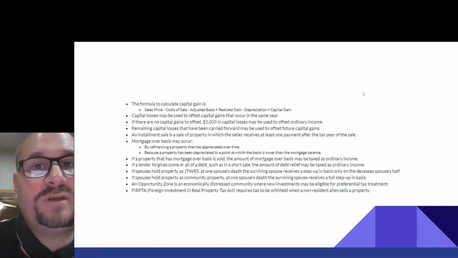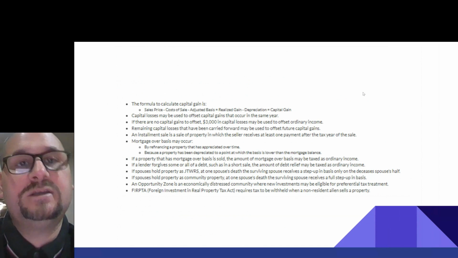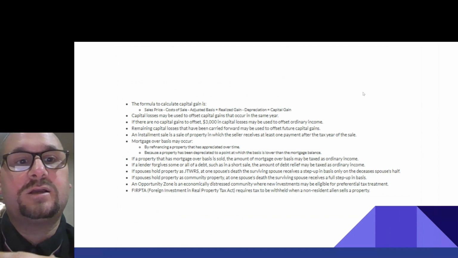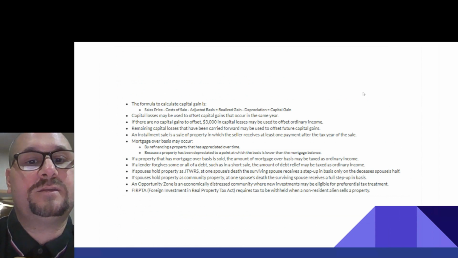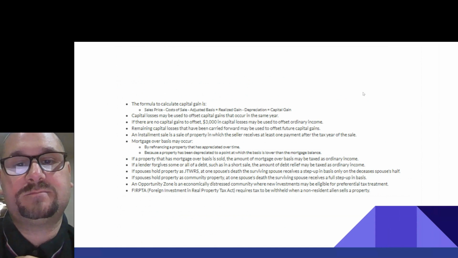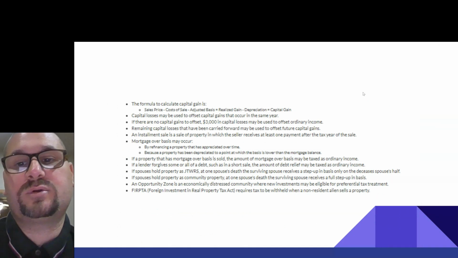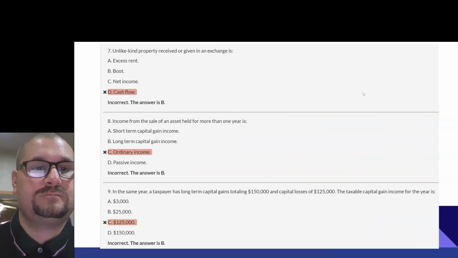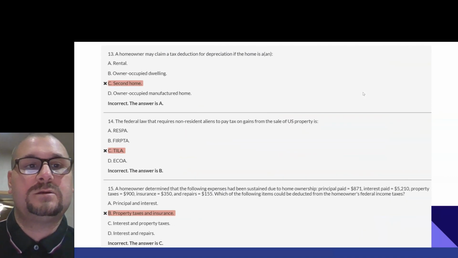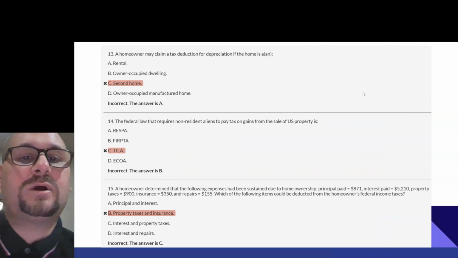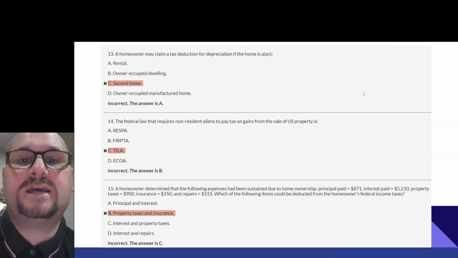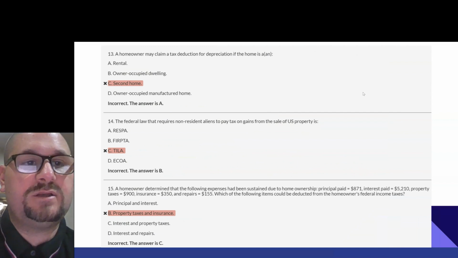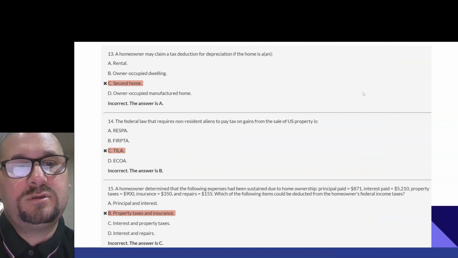So they don't live here in the United States. They live in, say, China, and they own property in America, and they sell it and make money. Then the FIRPTA Act requires tax to be withheld. So the federal law that requires non-resident aliens to pay tax on gains from the sale of U.S. property is FIRPTA. Is it RESPA? No. TILA? No. ECOA? No.